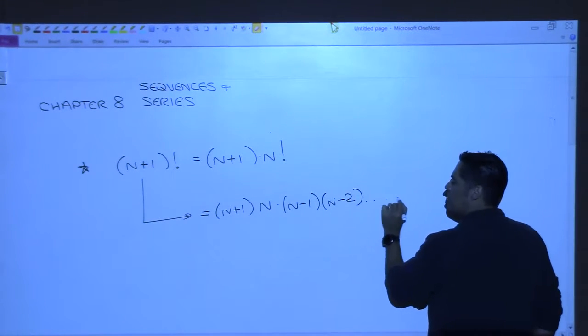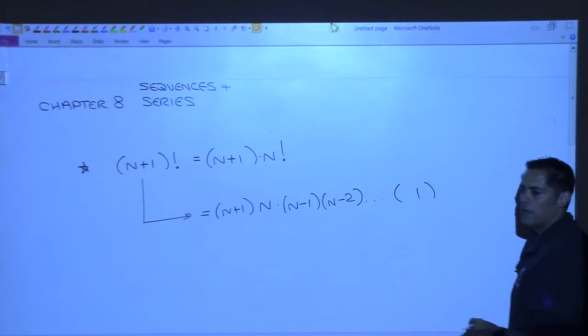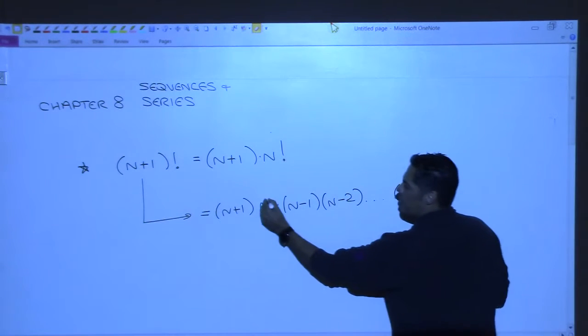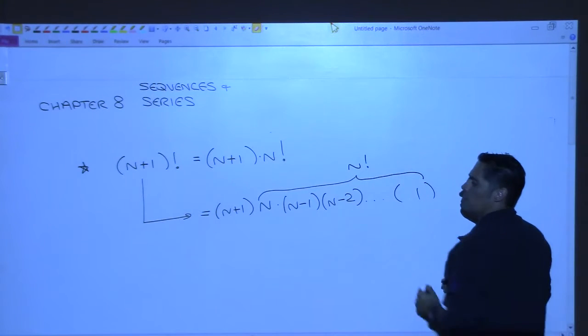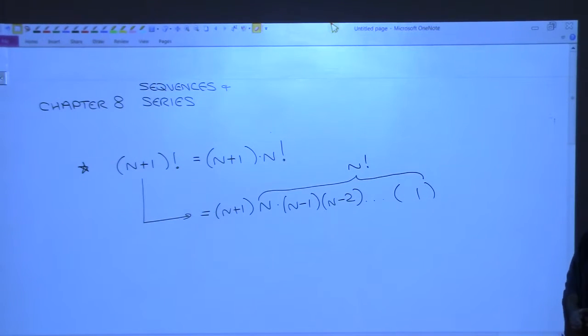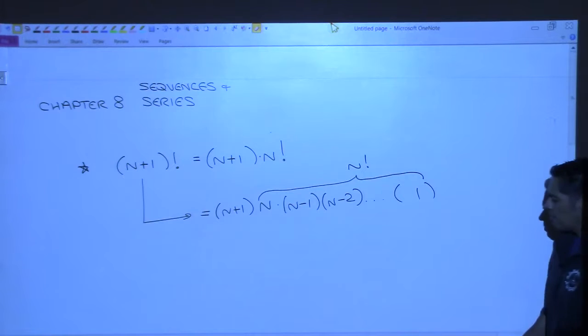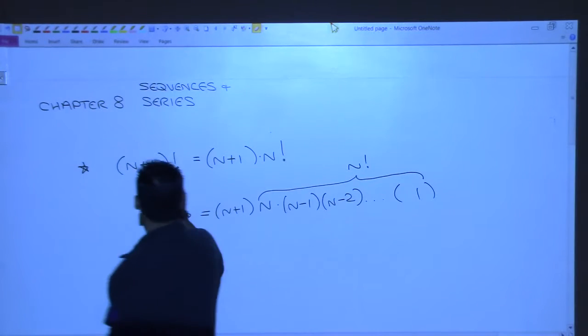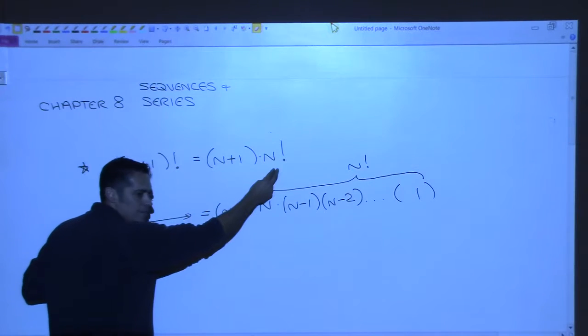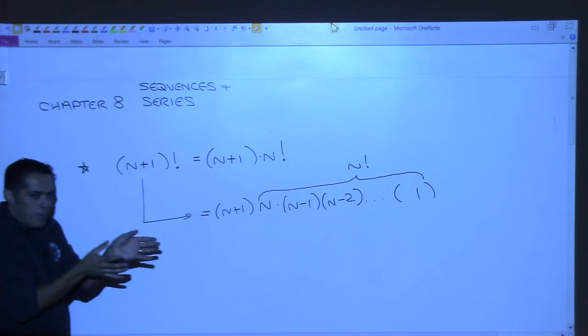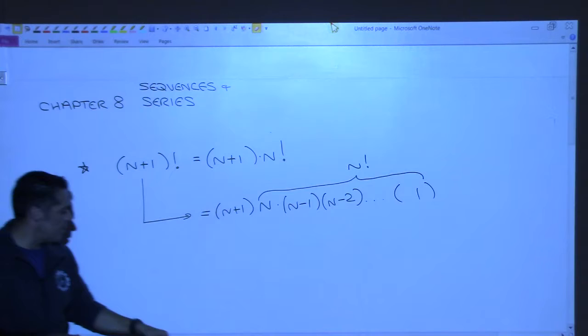And then that just continues down till you get to 1, right? Okay. Do you see that this right here is just n factorial? Right? Yeah. So I could rewrite n plus 1 factorial as n plus 1 times n factorial. So it's almost like you peel just one of the numbers off the front.